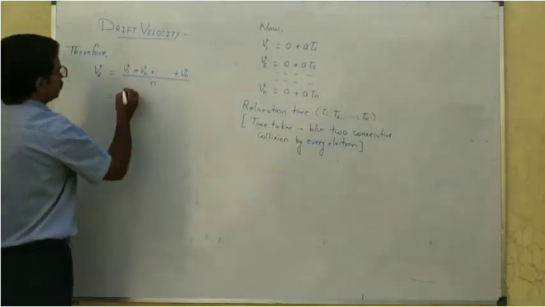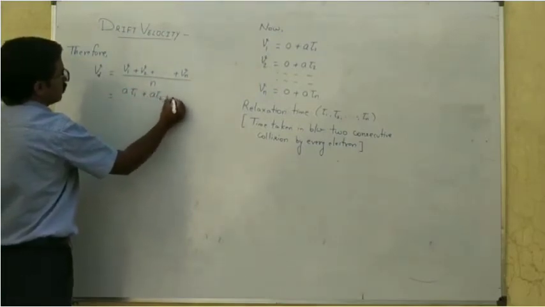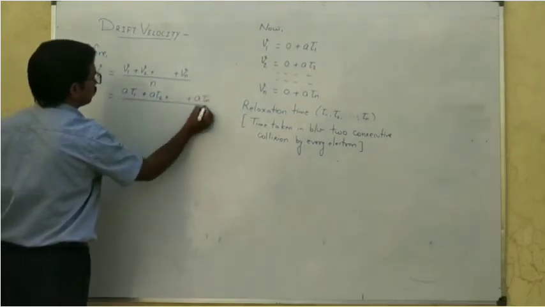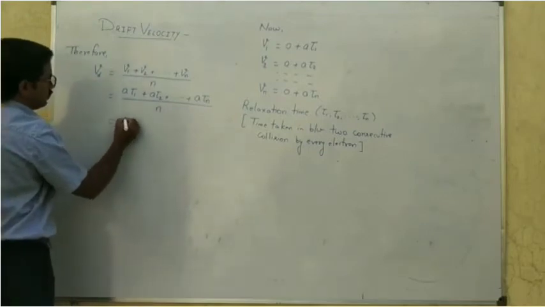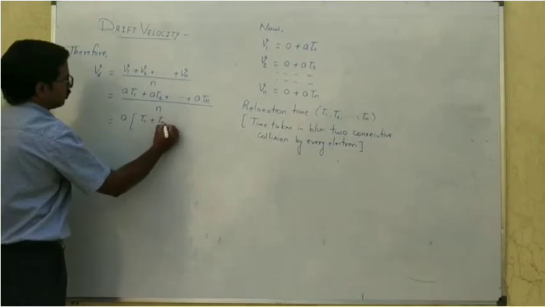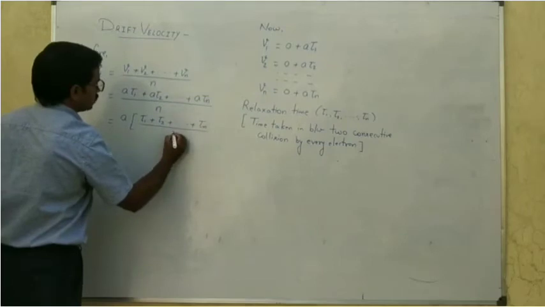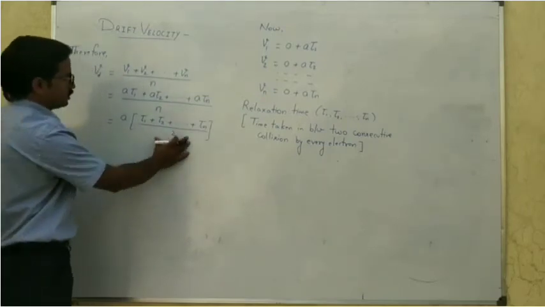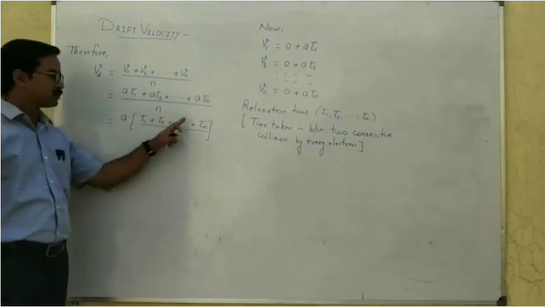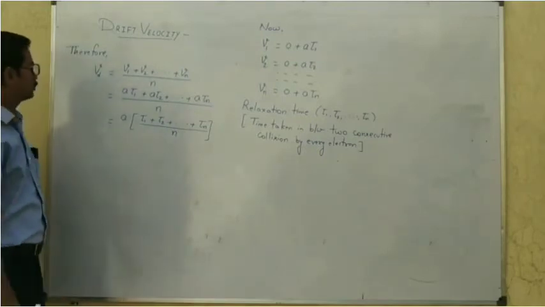Putting all the values, a tau 1 plus a tau 2 and so on, a tau n. a will be common, and you get another term, tau 1 plus tau 2 and so on, tau n. This bracket shows the average relaxation time. All the relaxation times are summed up here and divided by the number of electrons.